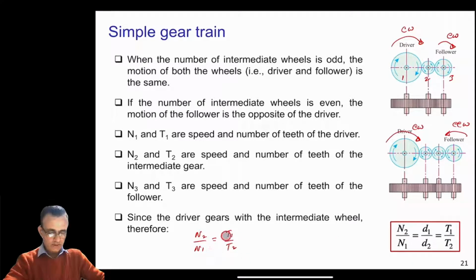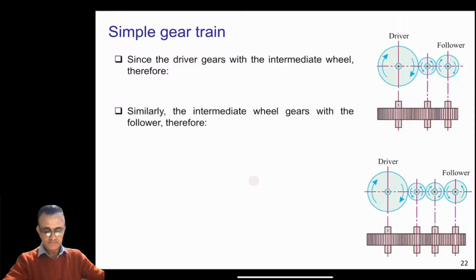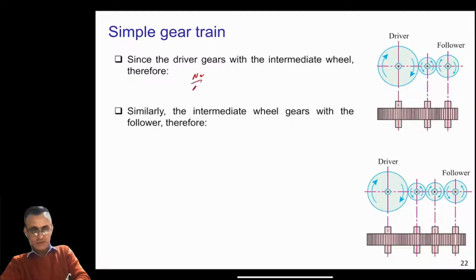We can write this equation for these two gears, 1 and 2. So N2 divided by N1 is equal to T1 divided by T2. And this one we can call our equation A.